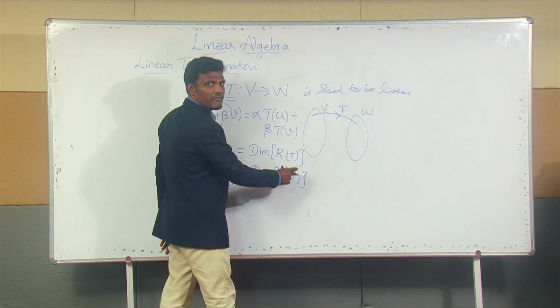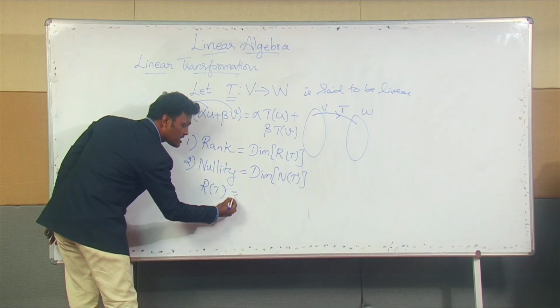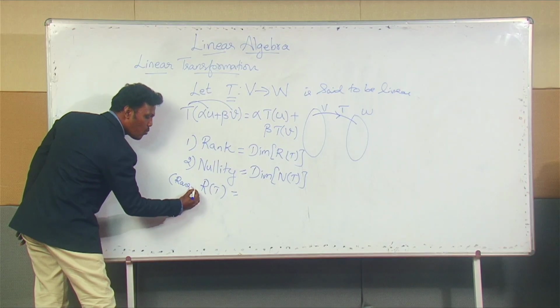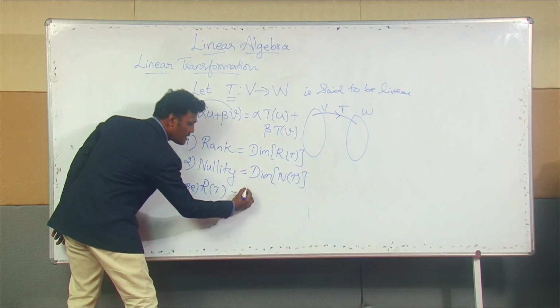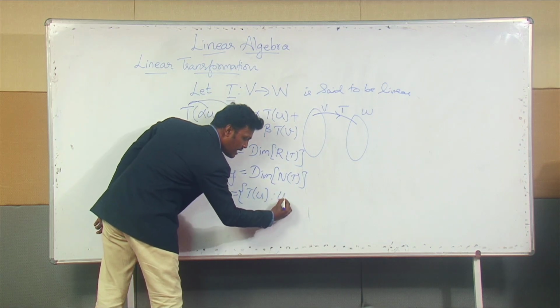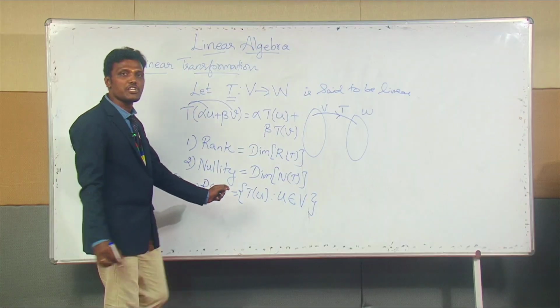Then what is R of T and what is N of T? R of T is nothing but the range space. The range space is the set of all T of U such that U belongs to capital V. This is the definition of range.